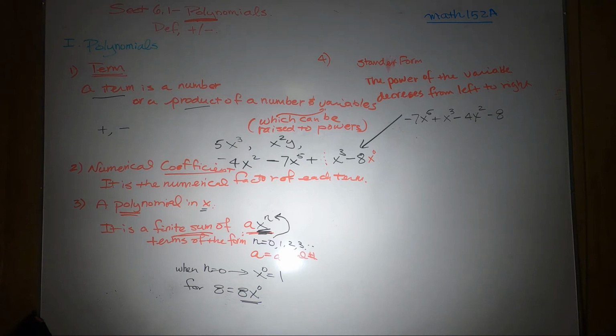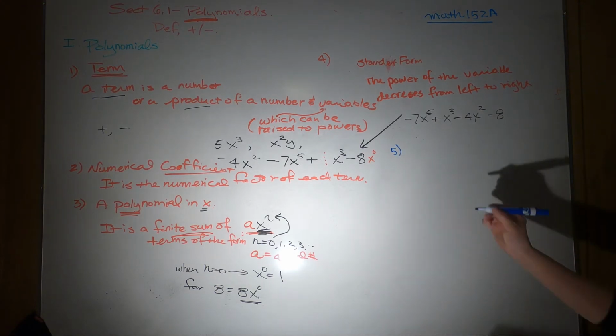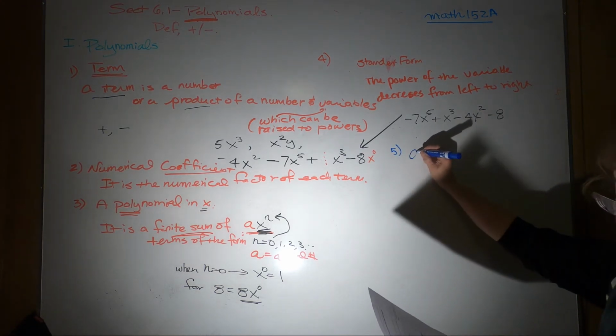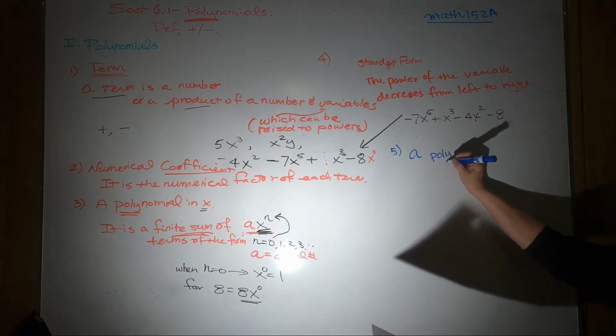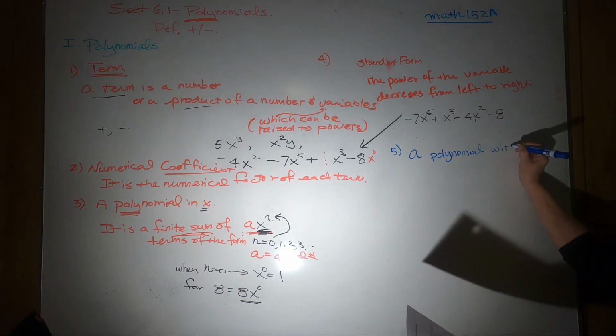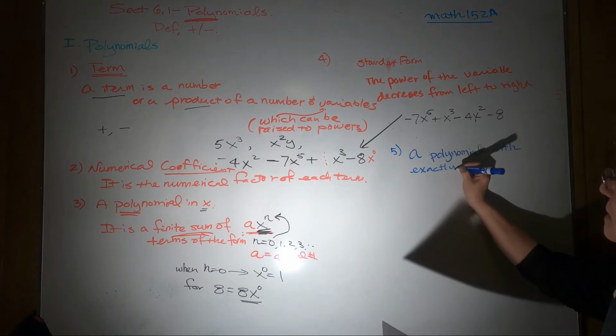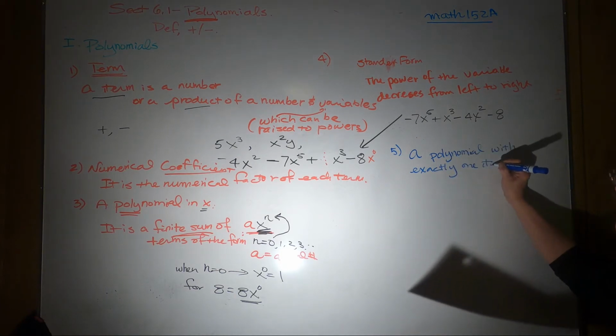Okay? Then for the monomial, what is monomial? What do you think mono means? Means one, right? So monomial means a poly with exactly one term.